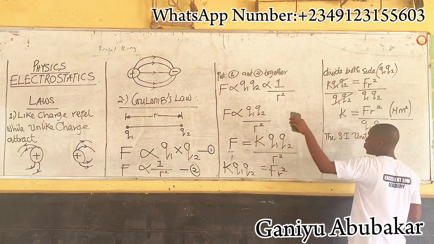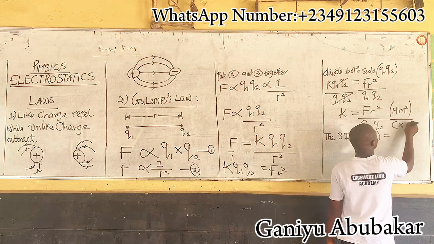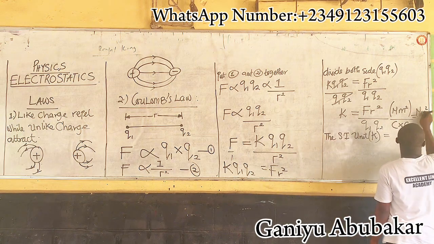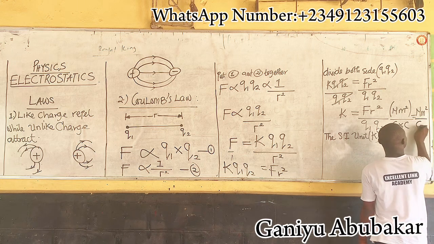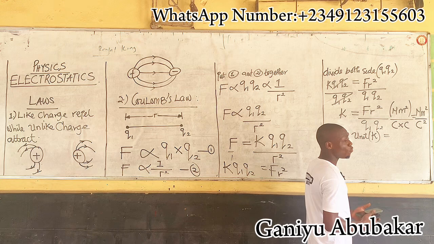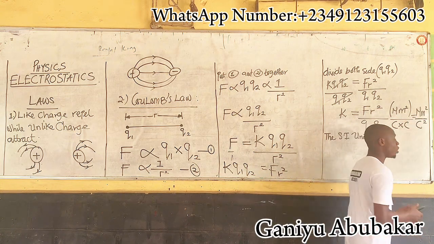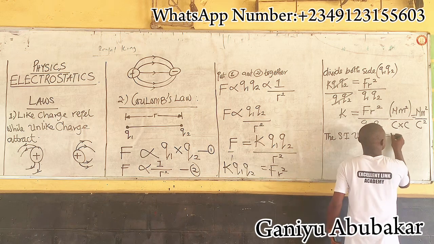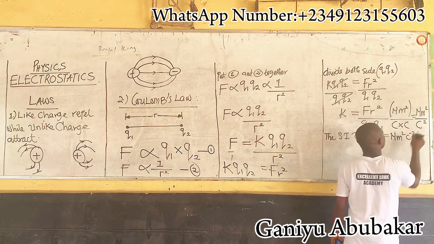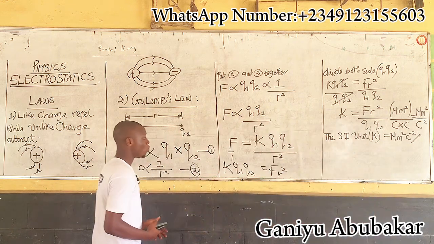So Coulomb C times Coulomb C. I'll have Newton meter squared over C times C squared. So the SI unit for the constant of Coulomb's law is Newton meter squared per Coulomb squared.